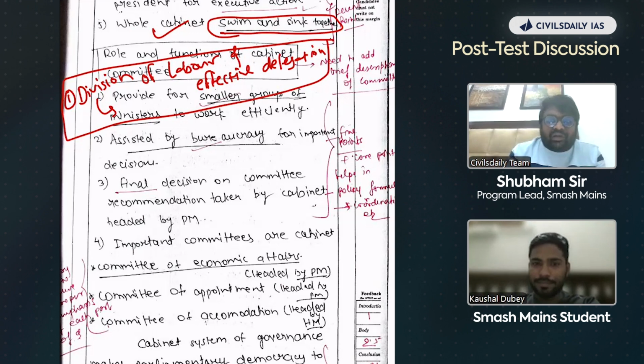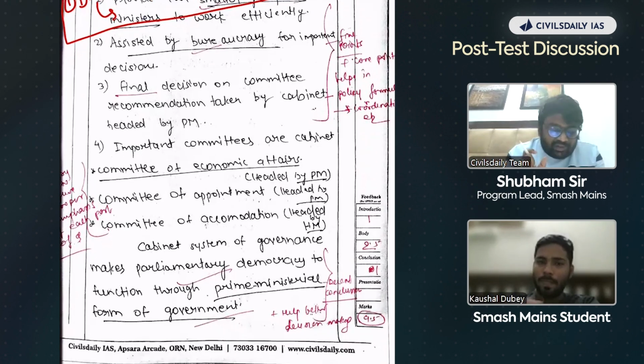For the rest of governance, if we can improve the presentation, we will get decent marks. Social justice everyone knows anyway, so give a very good reading to Lakshmikant, like you are reading it for the first time.